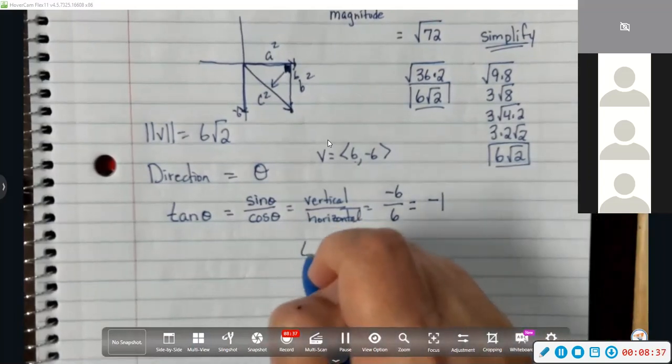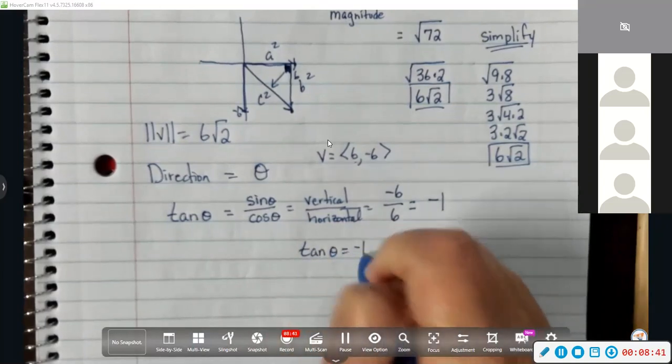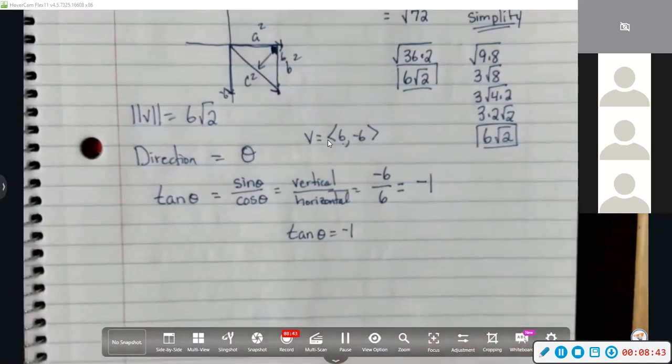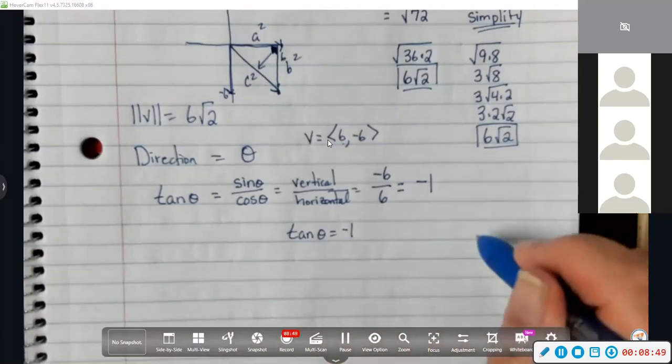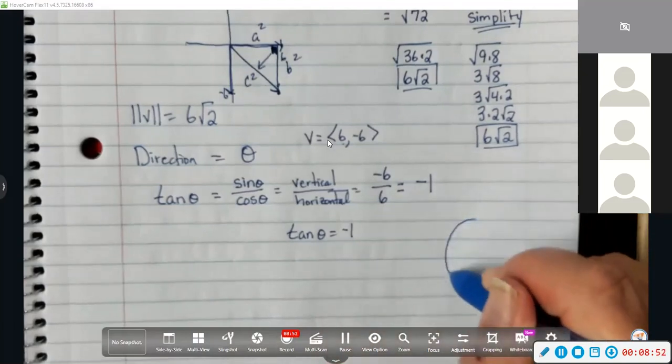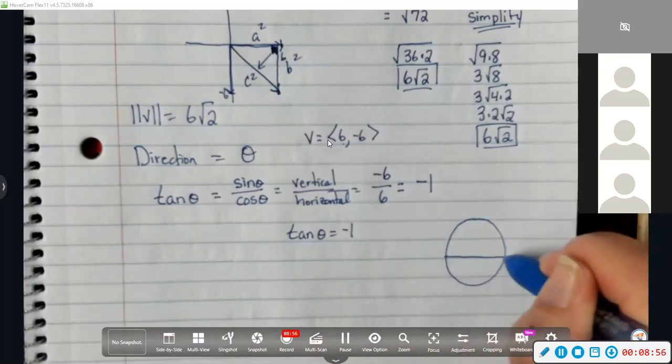So this tells us that the tangent of theta is -1. Well, this is a number that is part of our unit circle information.